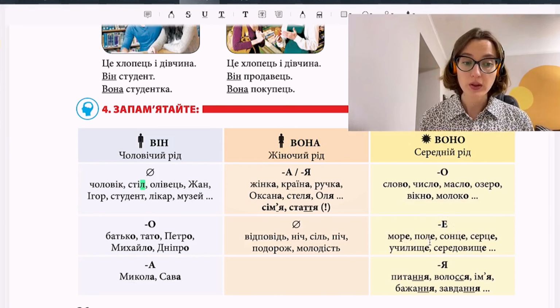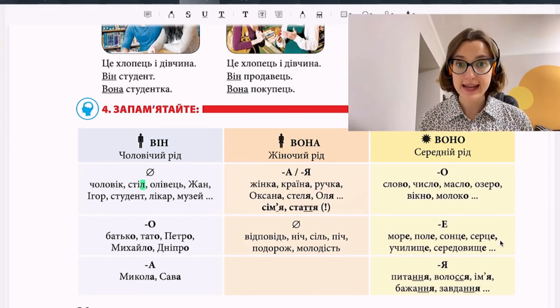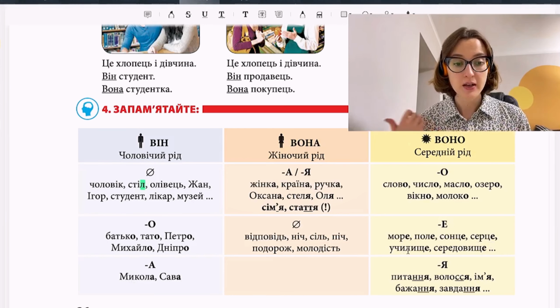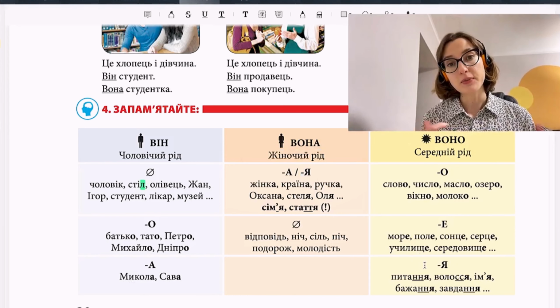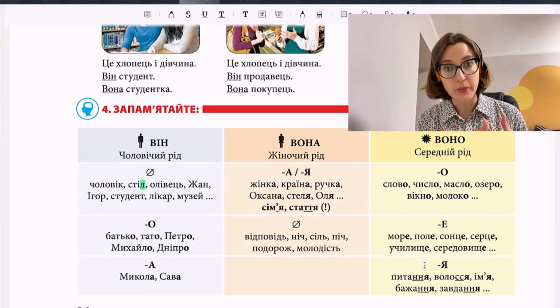Море, поле, сонце, серце, sea, field, sun, heart, училище, середовище. So if you see е at the end, that's neuter. But also it might be я. And we remember that я is feminine, but not all the time. Again, sometimes you just have to check the dictionary and remember some words.